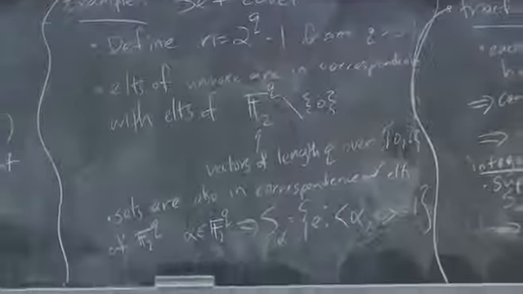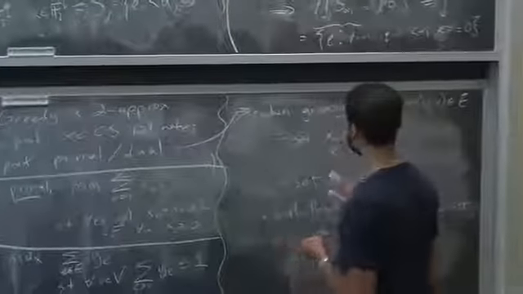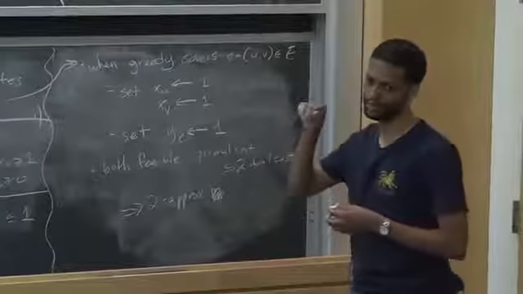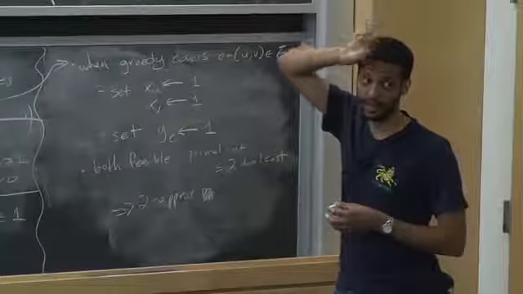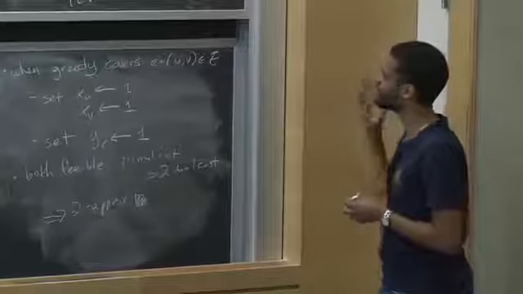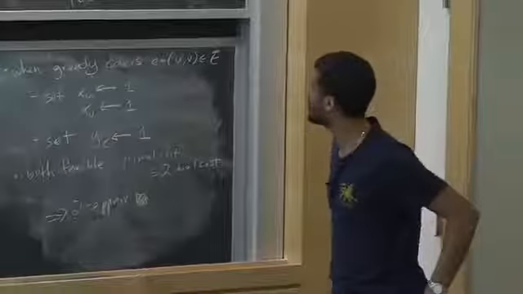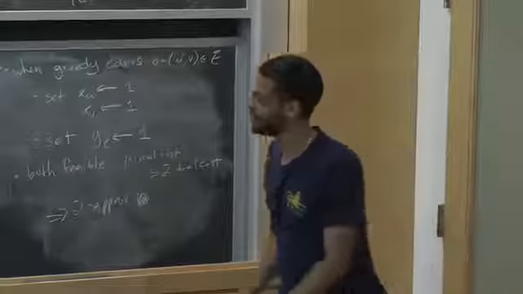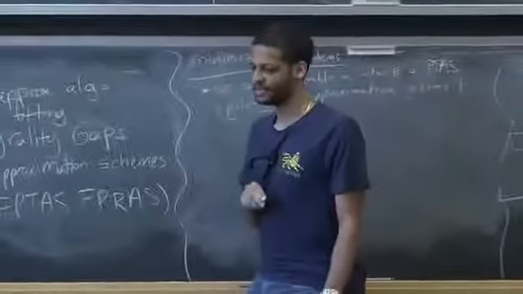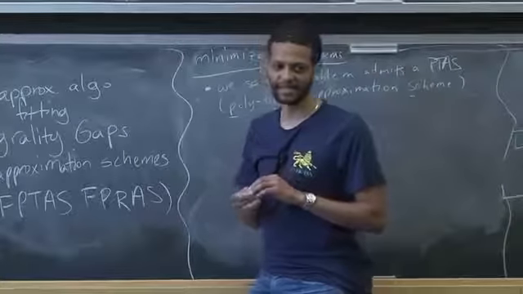The proof uses machinery we're not going to cover in this class, building upon the PCP theorem, which stands for probabilistically checkable proofs. If you want to hear about that, take a complexity course. You should be exposed to its existence.